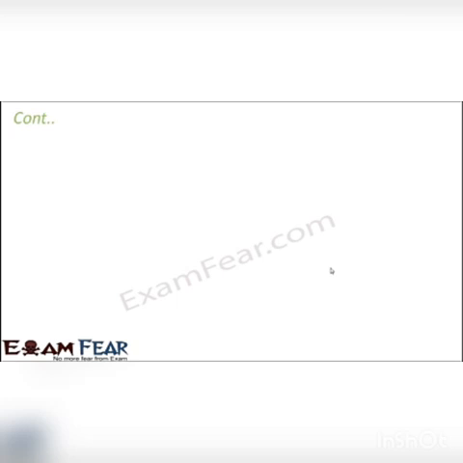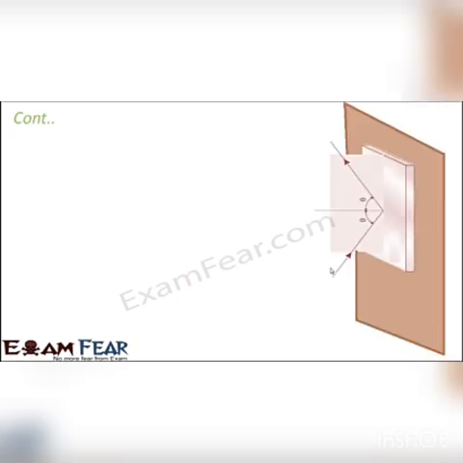What about the second one? That is, all these three rays, the incident ray, the reflected ray and the normal, lie on the same plane. For this I have made the arrangement a little different so that it becomes easier for you to understand. Let us suppose this is the wall, and on the wall you have mounted a mirror.